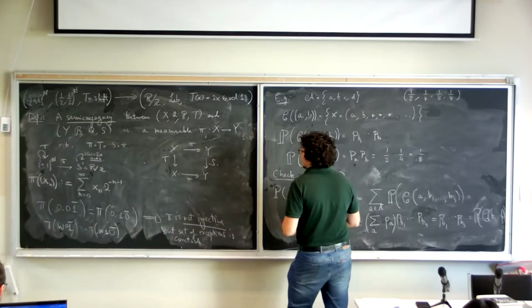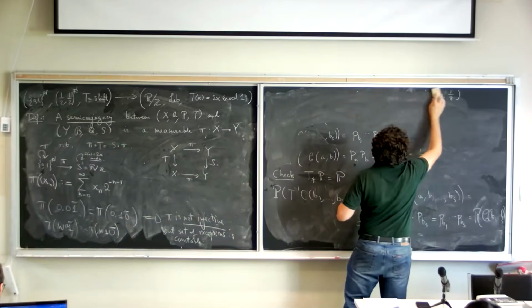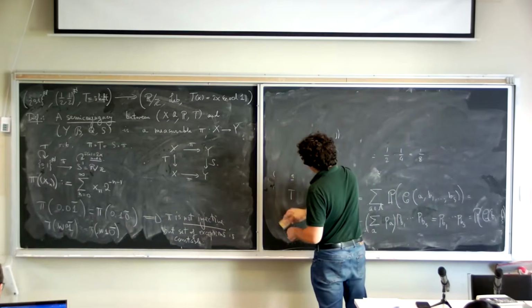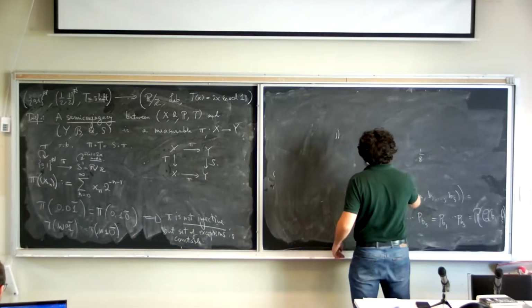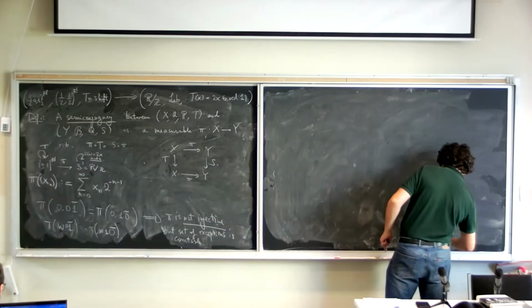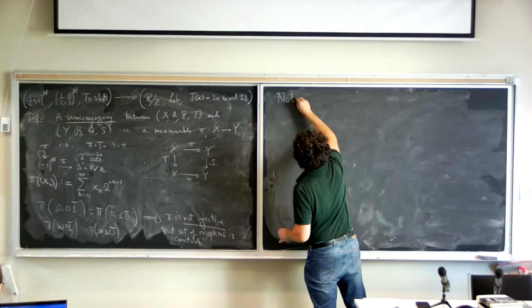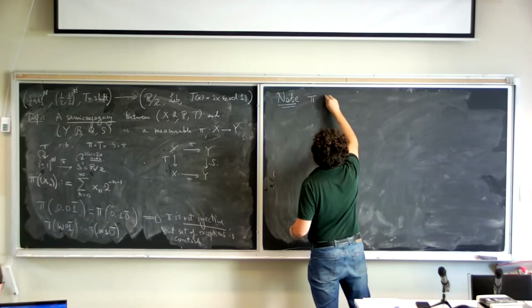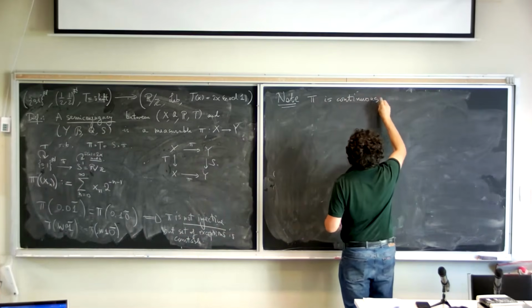If you're working with continuous maps, which is not what we're doing in this course, these two systems would not be isomorphic, because pi does not have a continuous inverse. So note the following: pi is continuous and not injective.